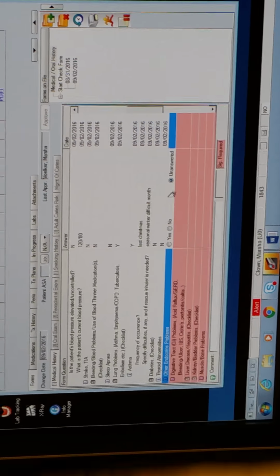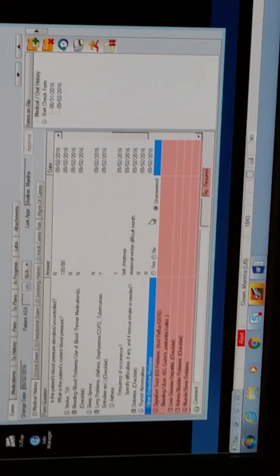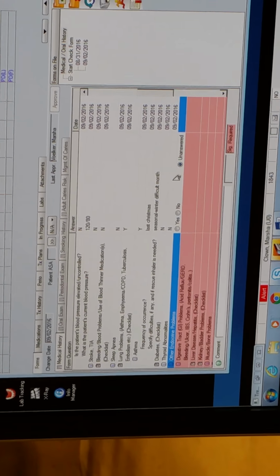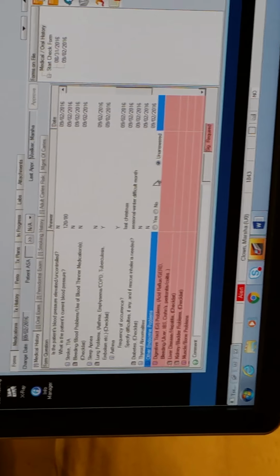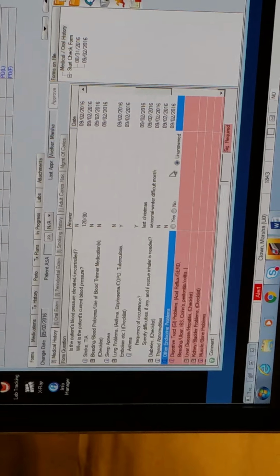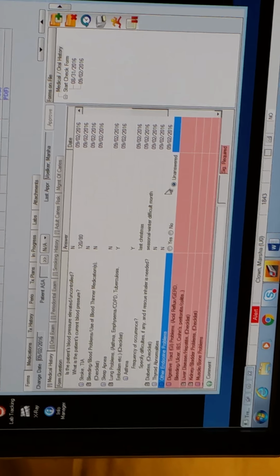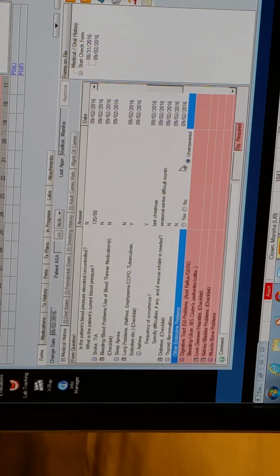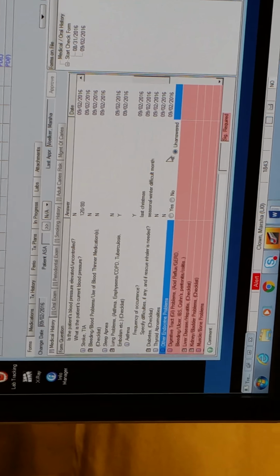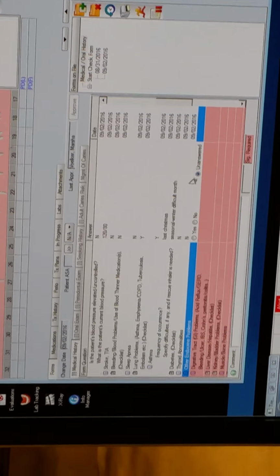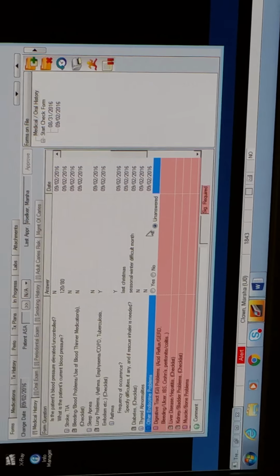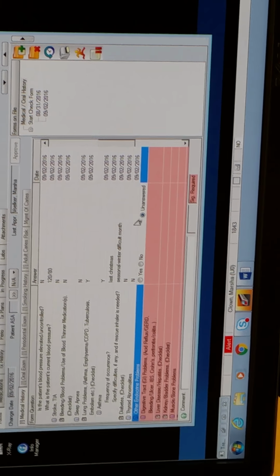Endocrine, what do you think are other endocrine stuff? Remember the endocrine system? Yeah, like insulin. That's diabetes. Maybe weight gain. Maybe like obese.